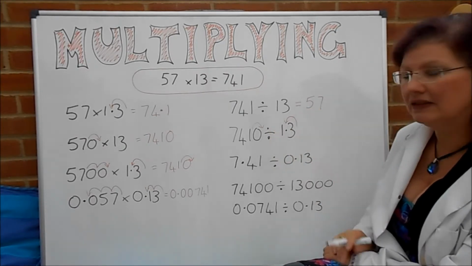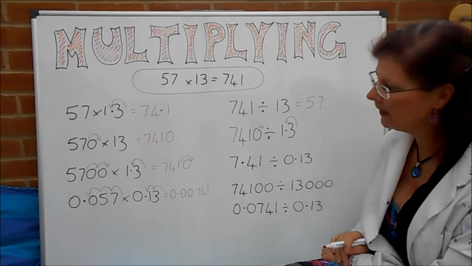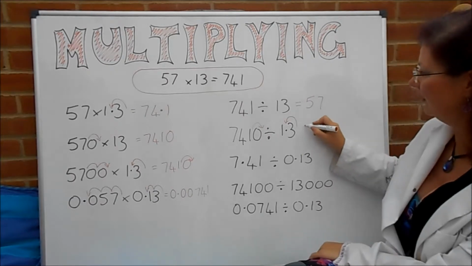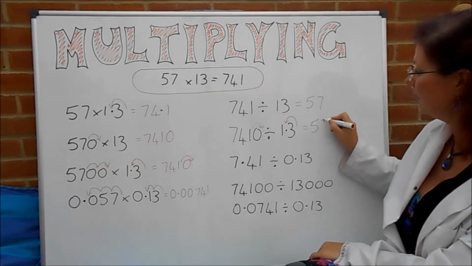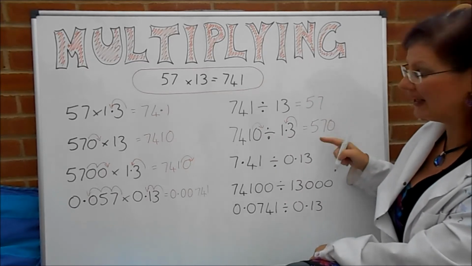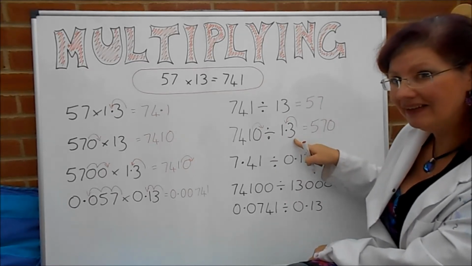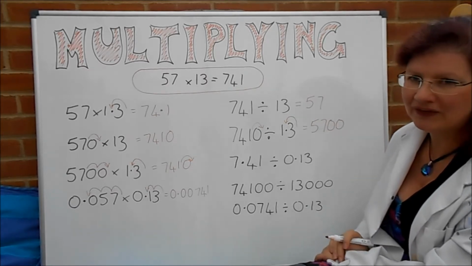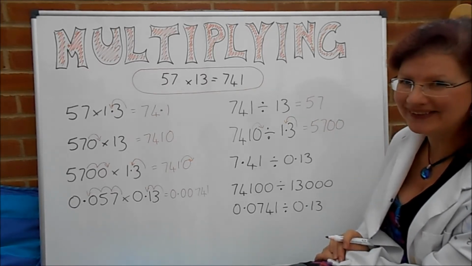We've made that bit 10 times smaller. So we've got a bigger number shared between fewer things. So the answer there, 57, bigger because that one's bigger, and bigger again because that one's smaller. The answer was 5,700. Did you get that one?